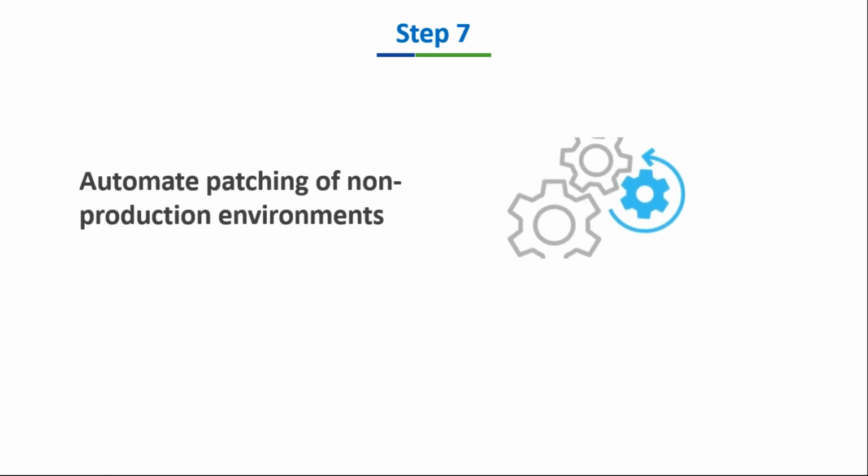Step number 7 is to automate the patching for non-production environments. One of the concerns that is typically there is that when I roll out a patch, does it cause some of my applications to become functionally broken? Now, typically that is not the case. When you have endpoint systems, the desktops and laptops, this patching can be a completely automated process.